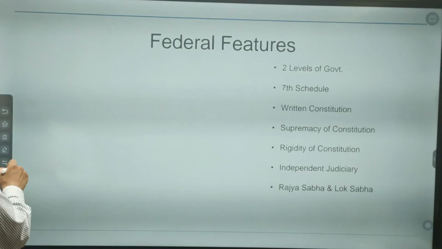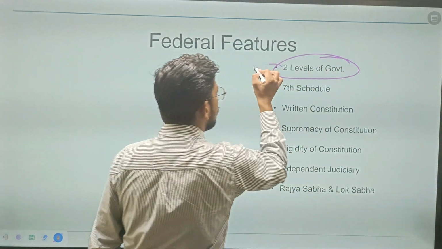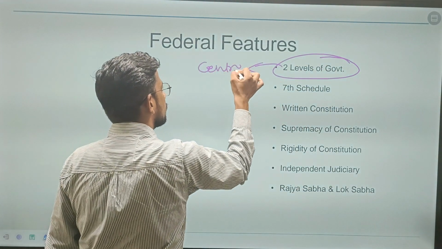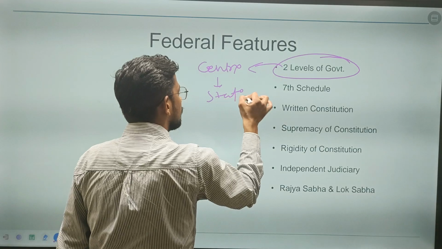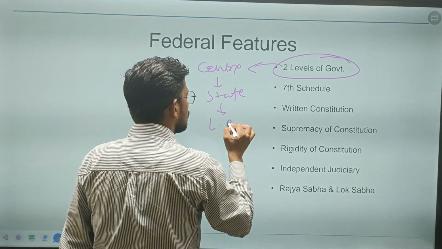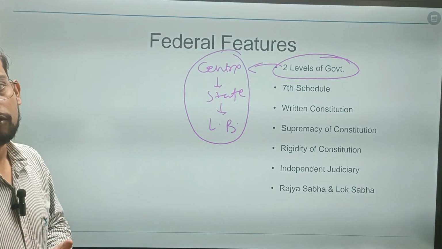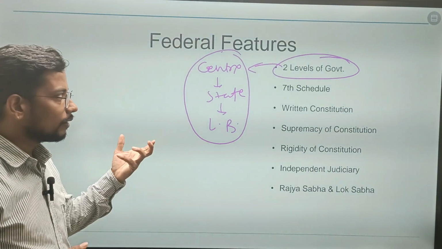The Indian constitution is federal because of these many provisions. India has two levels of government: the central government and the state government. Now we also have a third level of government, local bodies. So the three tiers of government make our features federal. Okay.